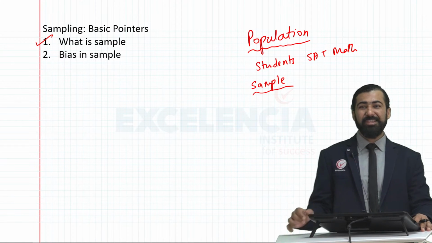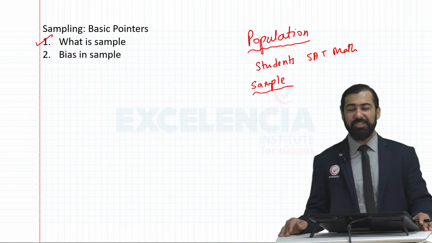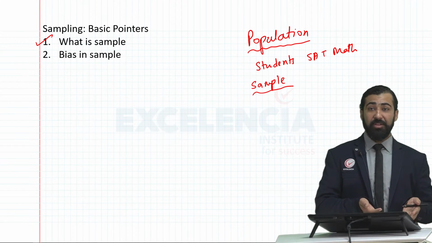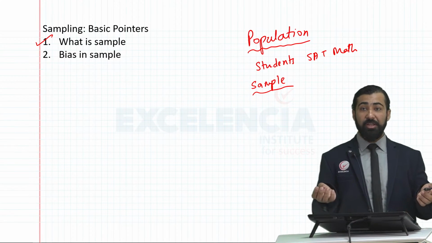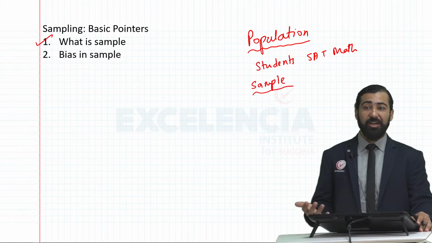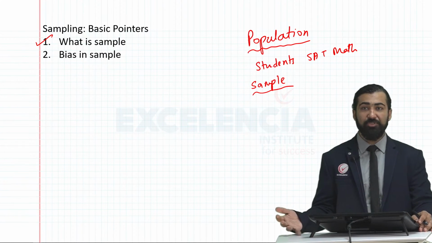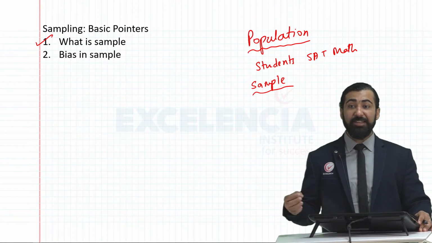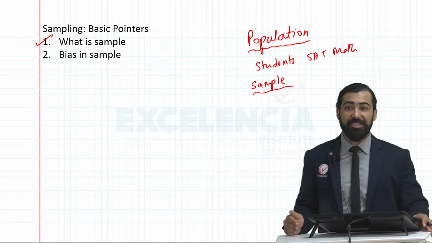So they may say, okay, I'm fine with everything, I know everything. This is not a very good sample because the teacher selected somebody from whom the expected answer was what she or he wanted.